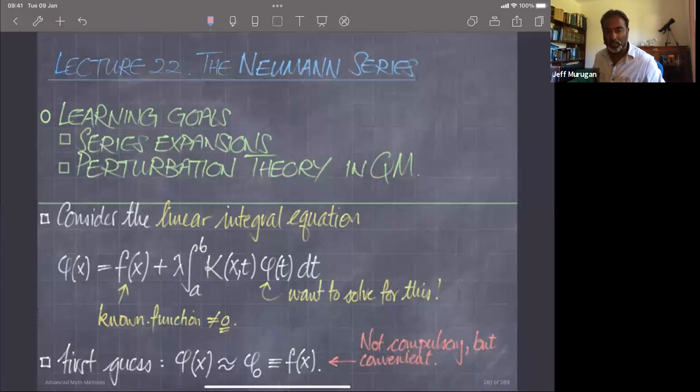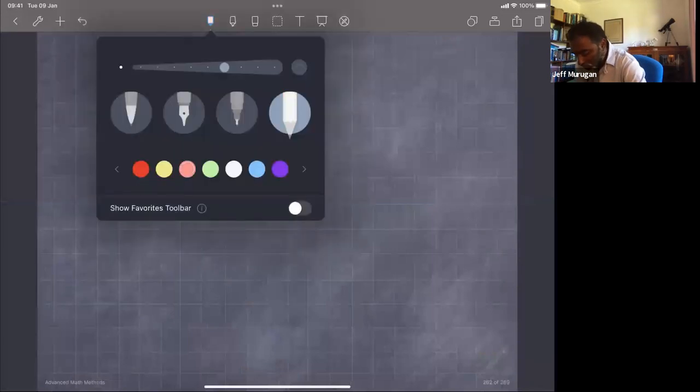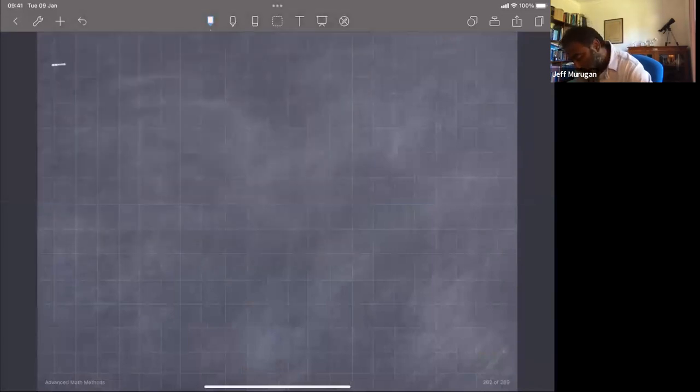Let's see where this gets us. Well, if I take that to be my first guess, and I plug it back into the right-hand side of the integral equation, then the following is true for a second guess. Let's call the second guess phi 1 of x.